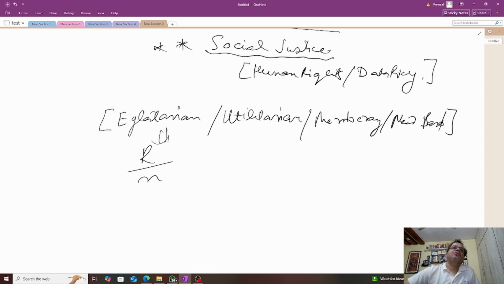This is the easiest one to implement, so all your resources get divided by n, and the resource per person is R by n. And in the utilitarian approach, you find out who needs them more and who needs them less, and that's how you decide. So there will be people who will get more than the average, and there will be people who will get less than the average.